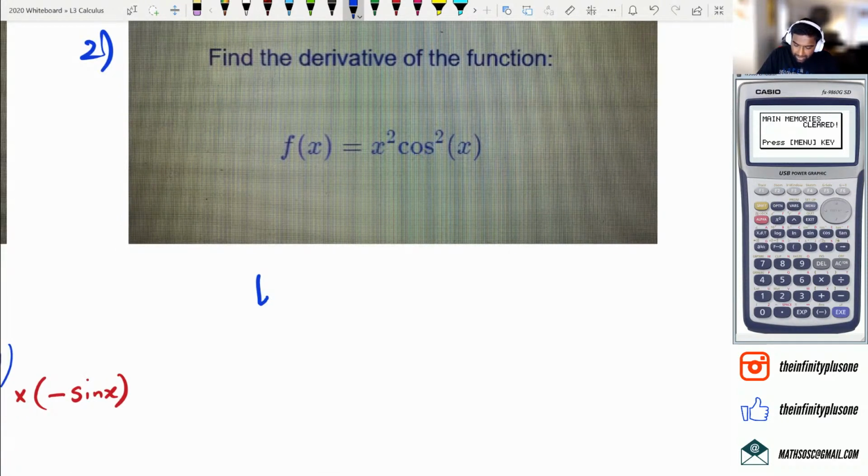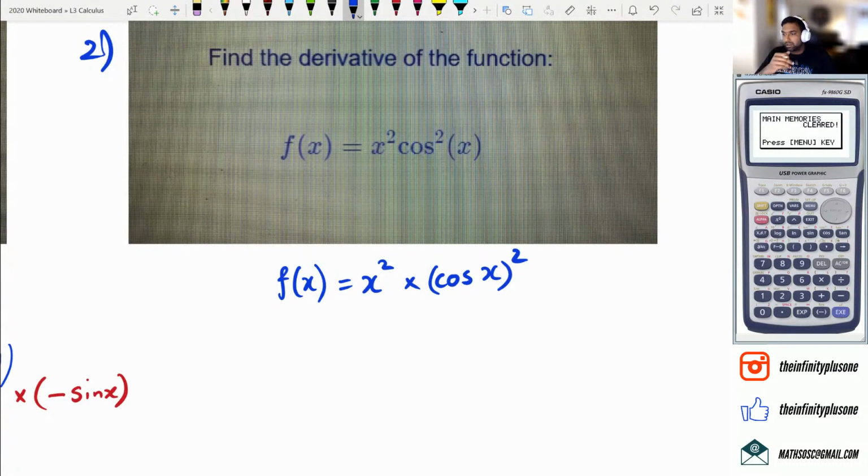If I was to rewrite this, I'm going to rewrite this as f of x equals x squared multiplied by cos x to the power of 2. When I do this, I can straight away see that there is a multiplication symbol right there, which means I've got to start looking at product rule.